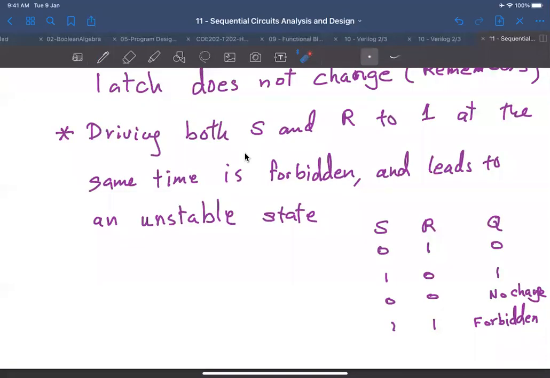input combination. And the situation becomes worse if both transition to 0, 0 after that. Then we will have a continuous transition between 0 and 1 in the Q. So no longer will 0, 0 be a no change, but it will become an unstable state, alternating between 0 and 1.